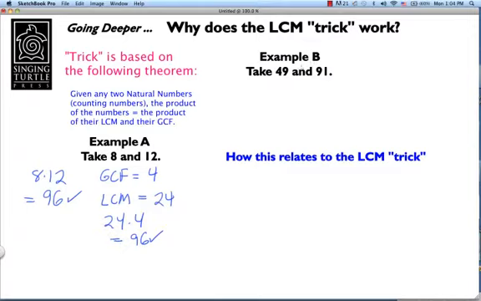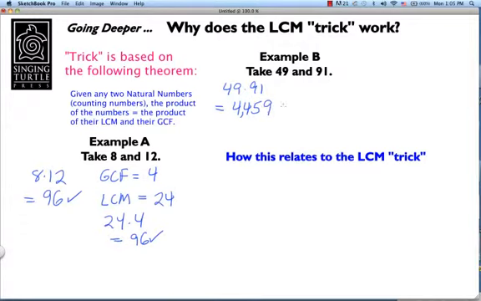Then we go to example B. We're going to use a little bit larger numbers here. We're going to use 49 and 91. Okay, let's do the same thing. We're going to take the product, 49 times 91, and unbeknownst to you, I'm going to look at my little sheet of paper that says the product is 4,459. Okay, I can't do that in my head.